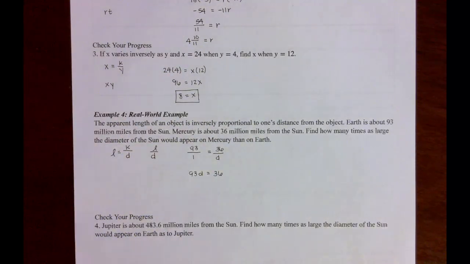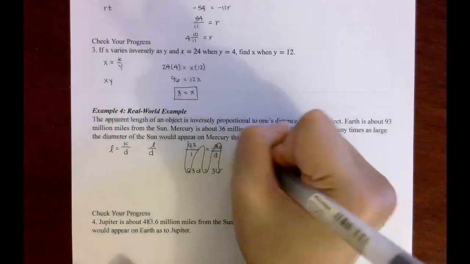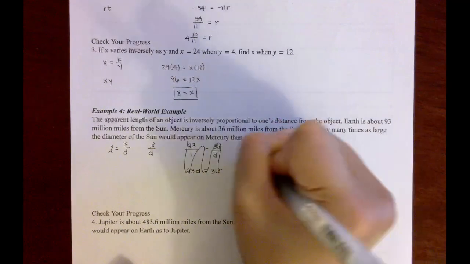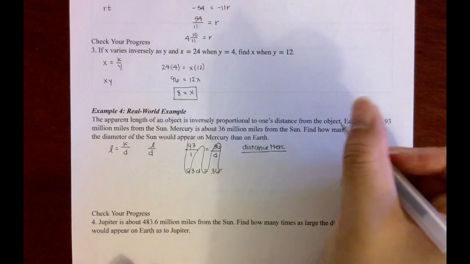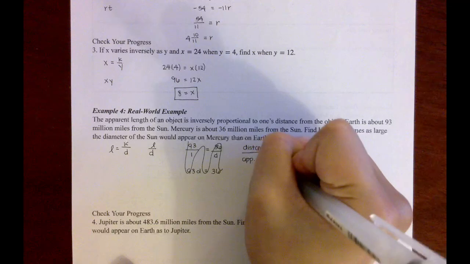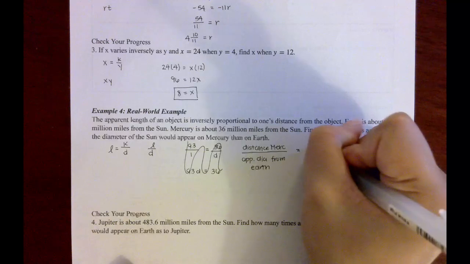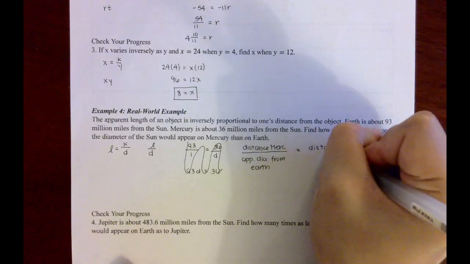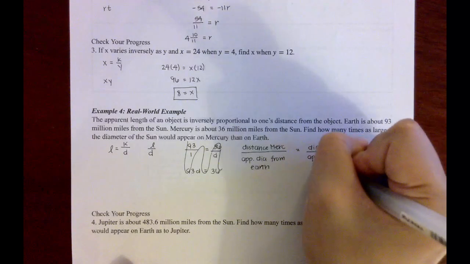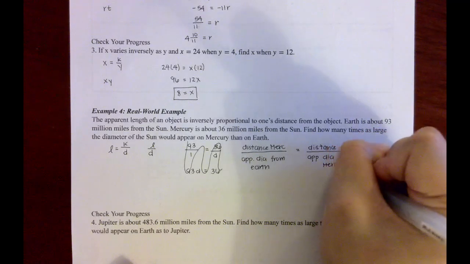36. Hold on, sorry. We're going to scratch it. If it varies inversely, actually it's distance from Mercury to the apparent diameter from Earth, and then this would be distance from Earth over the apparent diameter from Mercury.